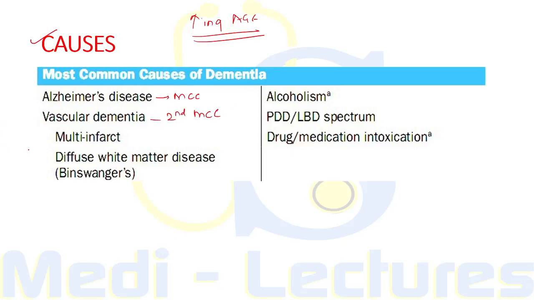This vascular dementia can be multi-infarct dementia or can involve diffuse white matter, which is known as Binswanger's dementia. When we consider age group less than 65, the most common cause is frontotemporal dementia. When we talk of reversible causes, these include most commonly alcoholism and drug or medication intoxication.